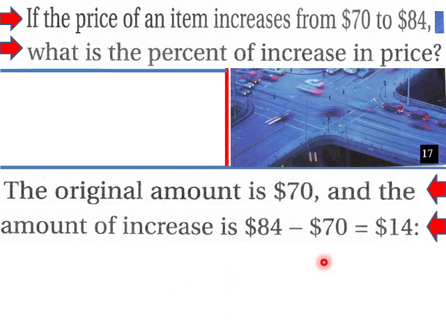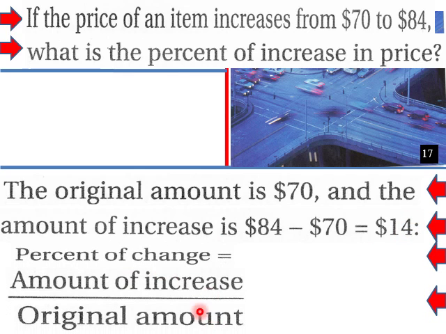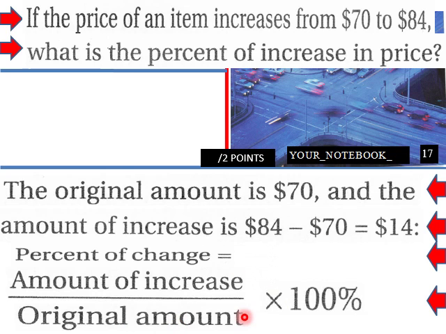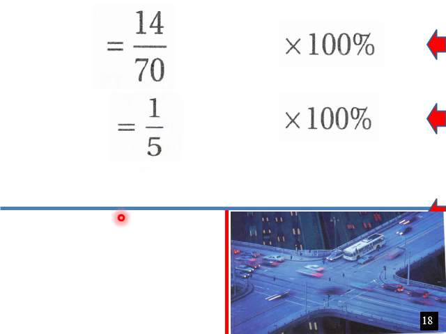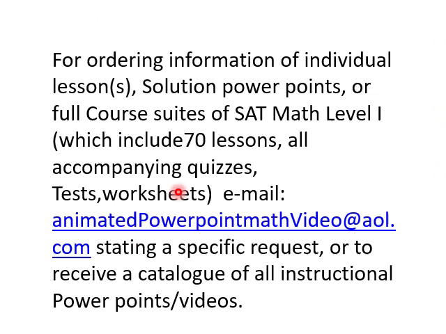Original amount 70, so we have a $14 increase. Percent of change, amount of increase over original amount times 100. So to finish that up, we have 14 over 70 times 100. That'd be 1/5 times 100, so that'd be a 20% increase. That would be the way you figure that.